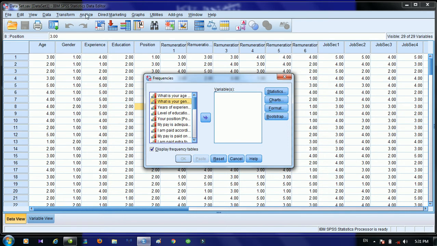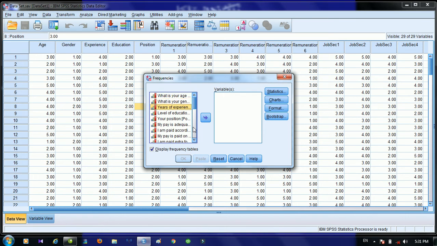When we select Analyze and Frequencies, you can see a window has opened, with a box on the left hand side as well as another box on the right hand side. On the left hand side, you find all of the variables of the study.